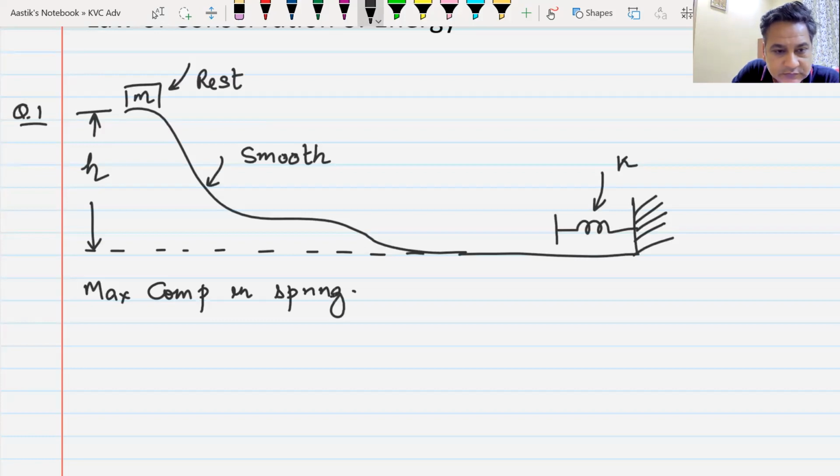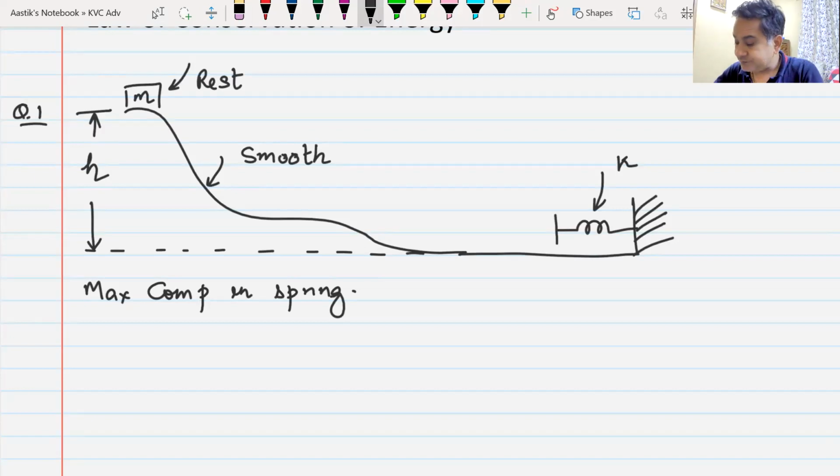Sir, the kinetic energy of the block is transferred to the spring to compress it. So the final velocity of the block is under root 2gh after conserving gravitational potential energy, and it will be transferred to the spring.